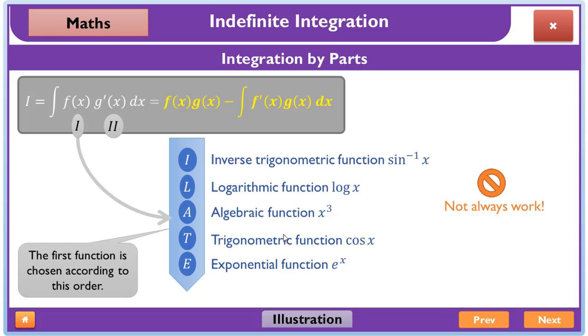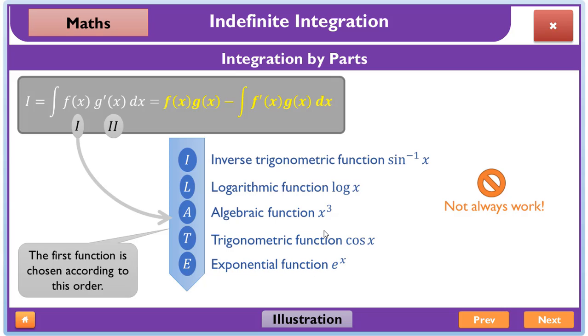So the first function is chosen in this order, meaning if an integral contains two functions, choose the first function which appears in the list first. Means if there is x e to the power x, then choose x as the first function because it is an algebraic function, and e to the power x as the second function because it is an exponential function.